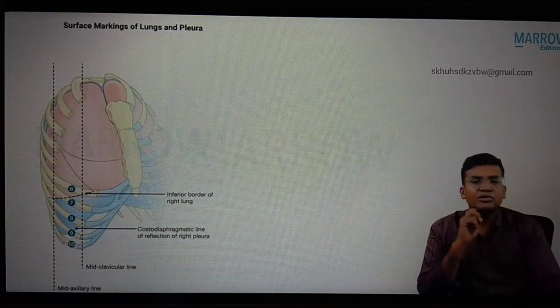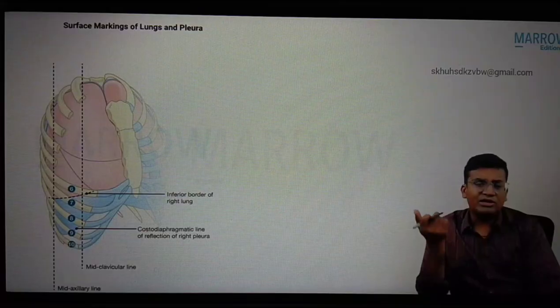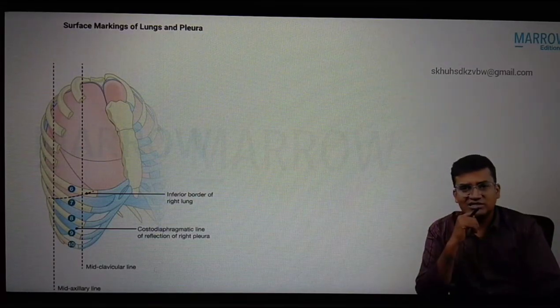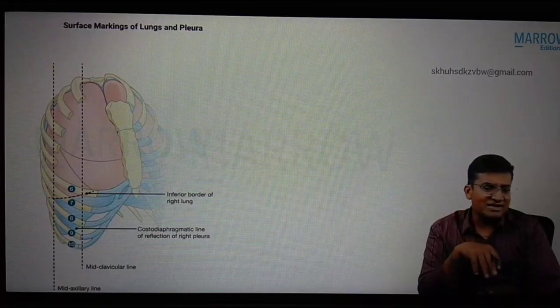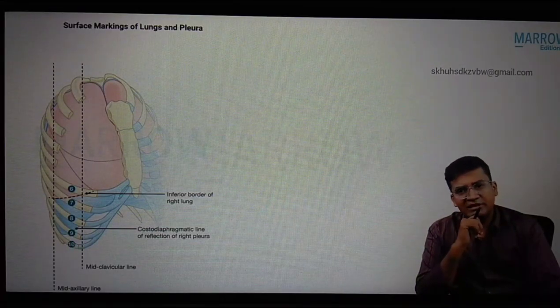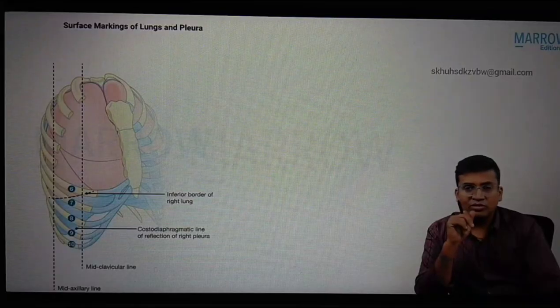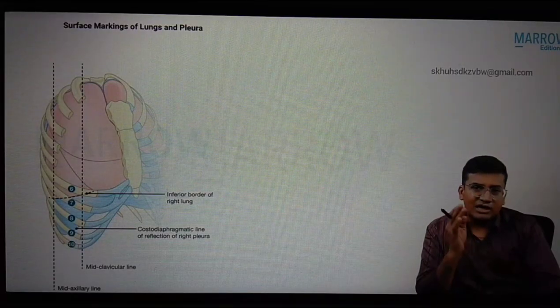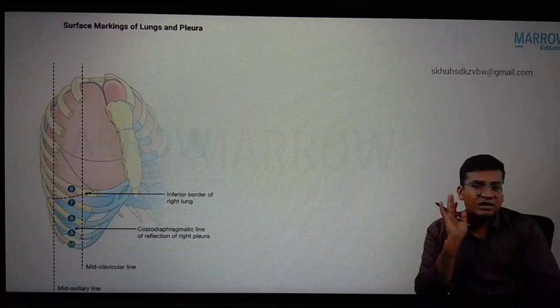I told you just now, the same parietal pleura only, if it is present in the front side, that is called costal pleura. If it goes medially, that is called mediastinal pleura. If it goes inferiorly, that is called diaphragmatic pleura. So now we're going to discuss at which point the costal pleura turns as mediastinal pleura.